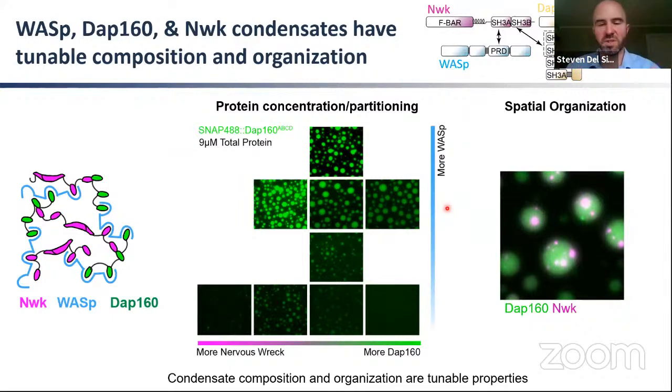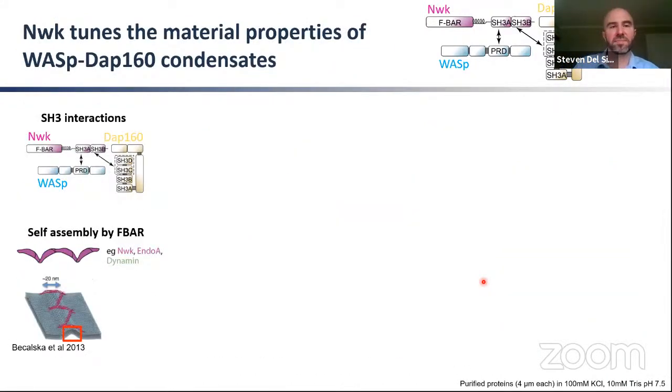We're still investigating the different protein interactions that are controlling all this, but the upshot is that these are tunable properties, and they can provide a really valuable system to understand how these behave at these very high concentrations. We also know that they can control the material properties of these condensates. I showed you that we can control what's inside them, but we can also control their physical properties.